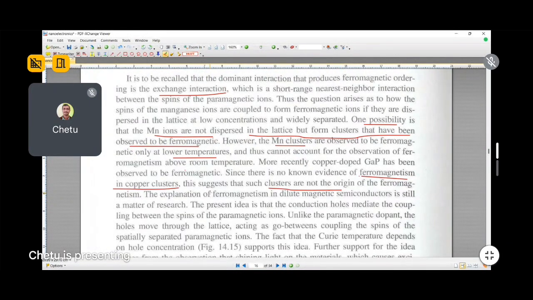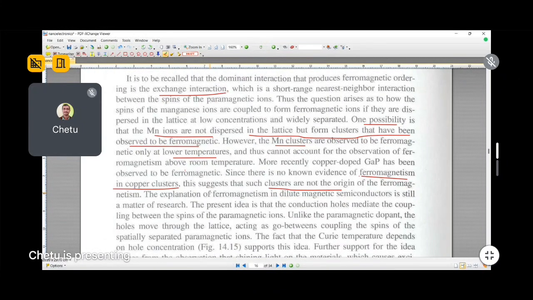Means, on one side, Mn shows ferromagnetism for very small clusters below room temperature. On the other end, copper itself is diamagnetic in nature, and nanoparticles of copper embedded or doped inside gallium phosphide show magnetization or ferromagnetism, but individual copper clusters do not show ferromagnetism.